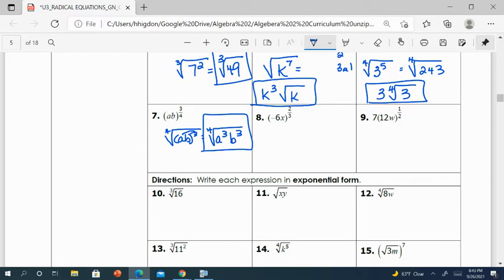Number 8, we're going to have the cube root of negative 6x squared. Now, think about how to square that. Negative 6 squared is a positive 36, and then we've got x squared. Now, for the variable, there's not enough x's in order to bring anything out of that radical, but let's see if we can simplify this 36.